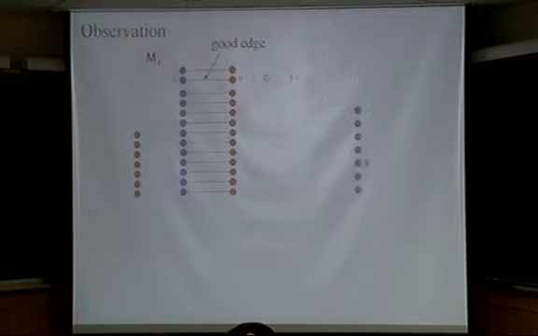Now, suppose that we don't know which one is a good edge. This is the current matching. But suppose 3B is a good edge. Suppose that the person in the same tie is currently single, and we change the partner of B to 8.